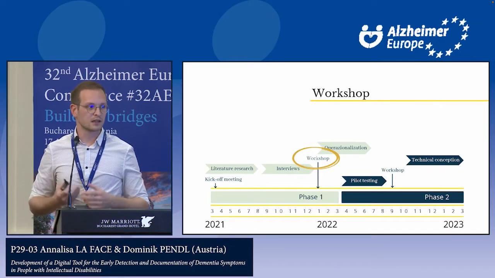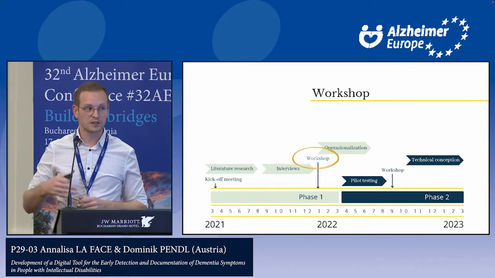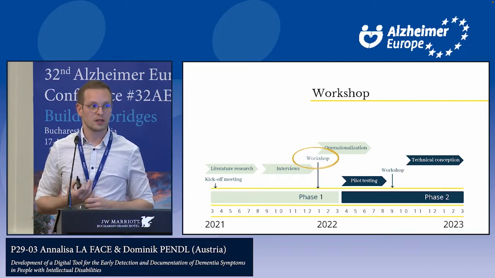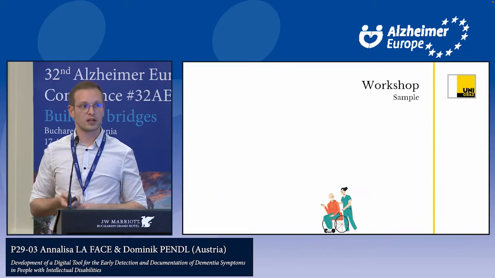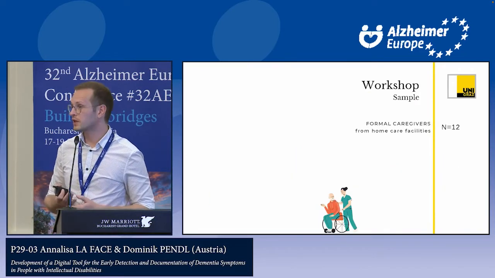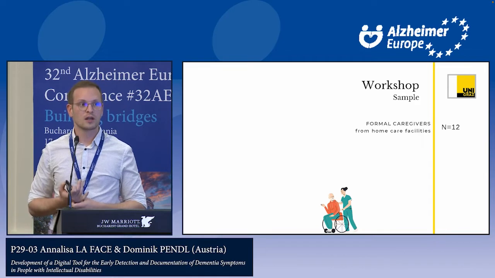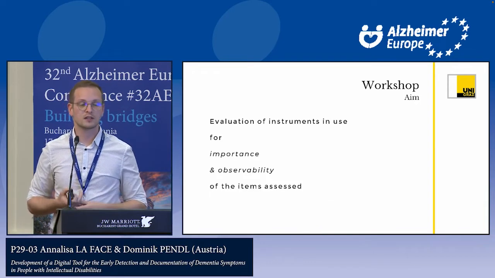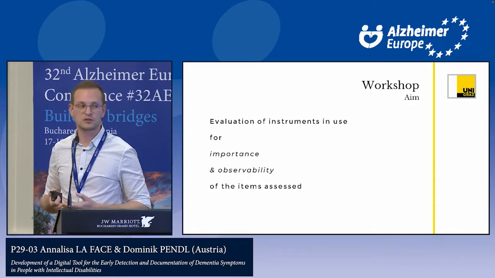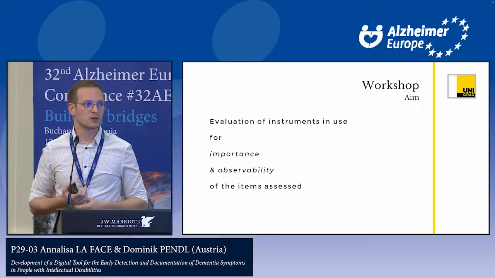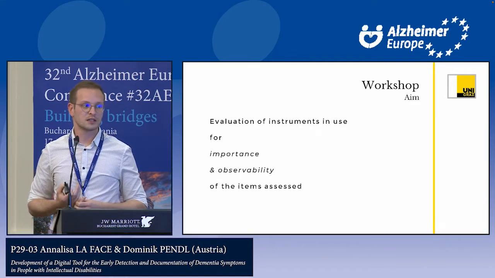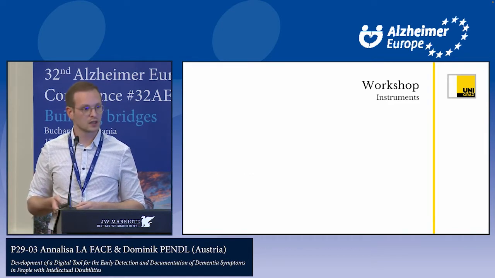Before that we did a little literature research, and together with the results from the interviews and the literature research, we held a workshop with formal caregivers who are experts in the field of intellectual disabilities and dementia. The aim of the workshop was to evaluate existing instruments that are used in Austria, and to take a closer look at the importance and the observability of the items that they include.